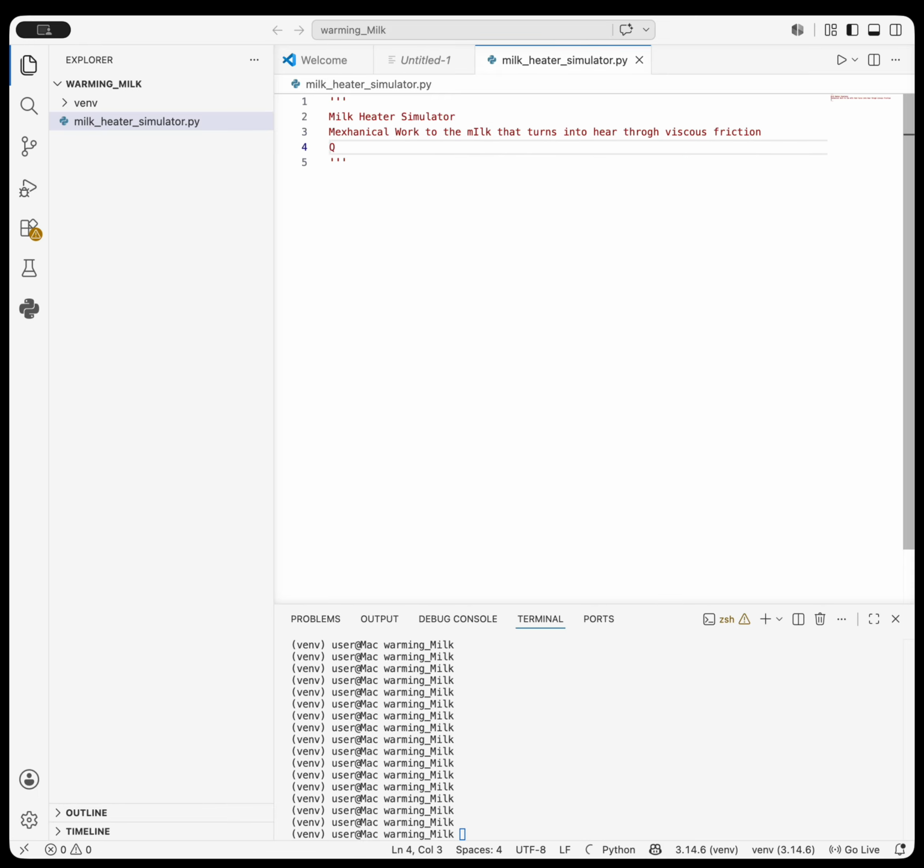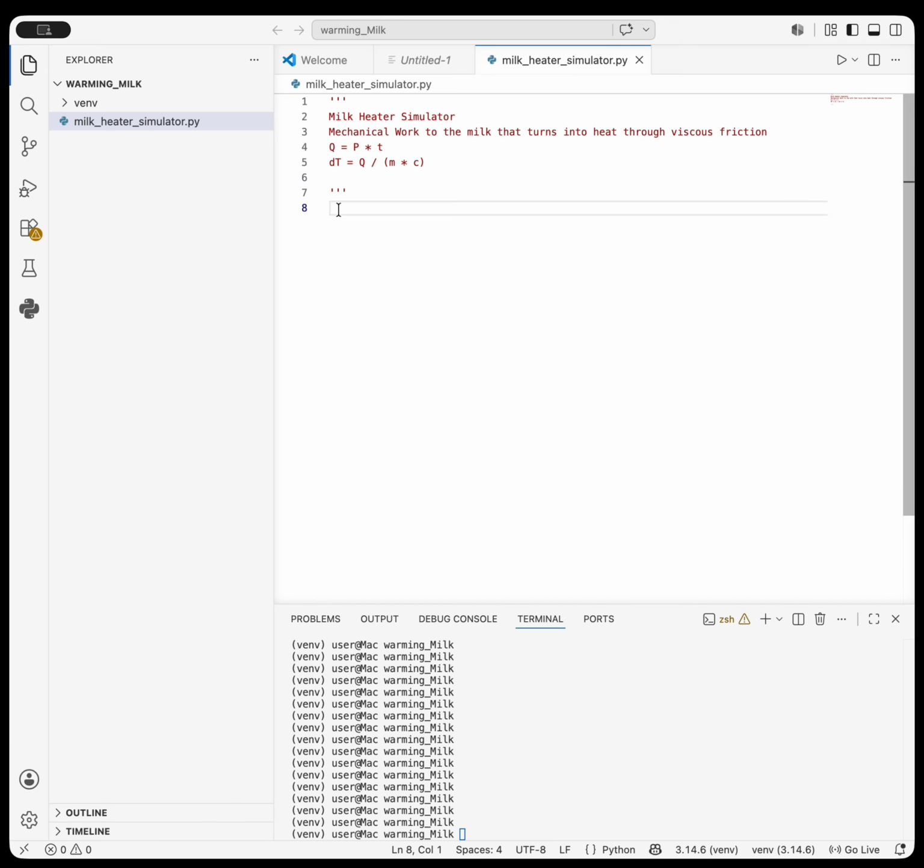The main equation is that the heat transferred to the milk is equal to power times time, and the change in temperature over time is equal to the power transfer divided by the mass times the specific heat. The main idea is that not all the power is going to go to the milk for heating. Some of it will dissipate into the motor of the mixer and noise, etc.